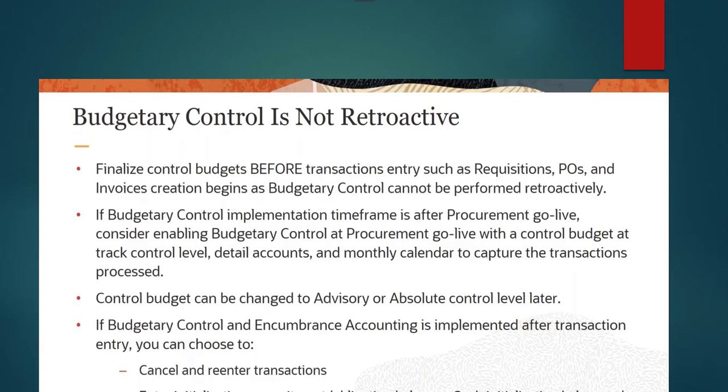If budgetary control and encumbrance accounting is implemented after transaction entry, you can choose to cancel and re-enter transactions and enter initialization commitment and obligation balances. Such initialization balances don't affect linking of underlying transactions.